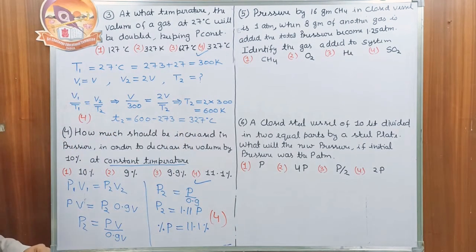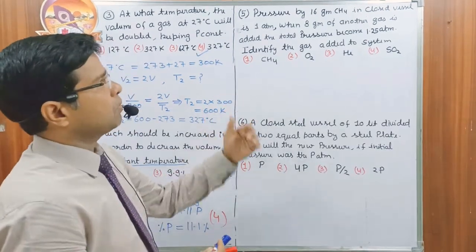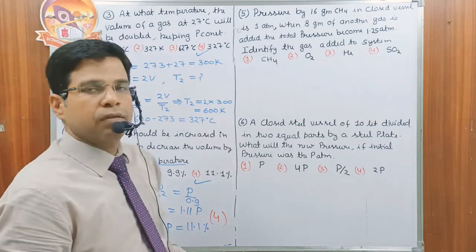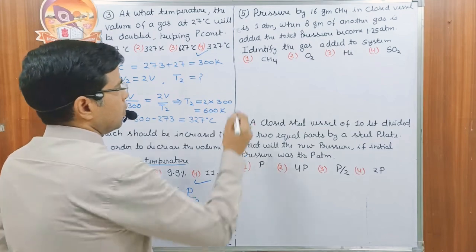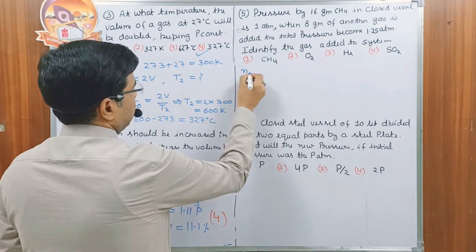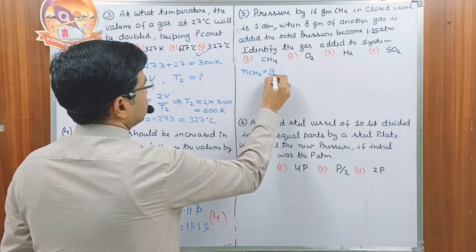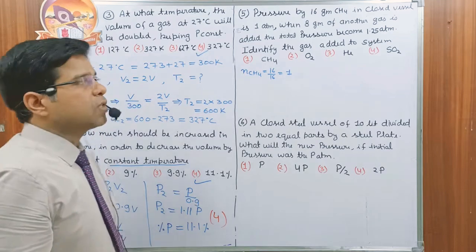Now we'll move to question number 5. What is given in this question? The pressure of 16 gram of CH4 gas in a closed vessel is 1 atmosphere. Okay, look, number of moles of CH4: given mass 16, molar mass also 16, means 1 mole of CH4 is given to us.